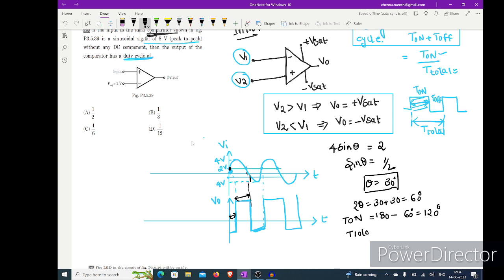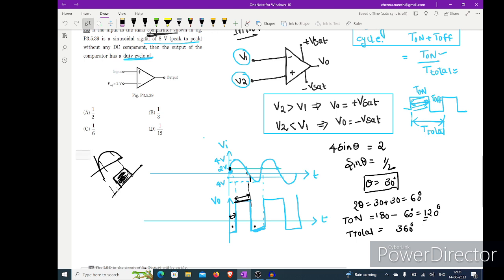T total is 360 degrees, correct? I want only this on time. In the full cycle it is like this, only this time it is on, this time only it is on. So that is only the angle of 120 degrees.